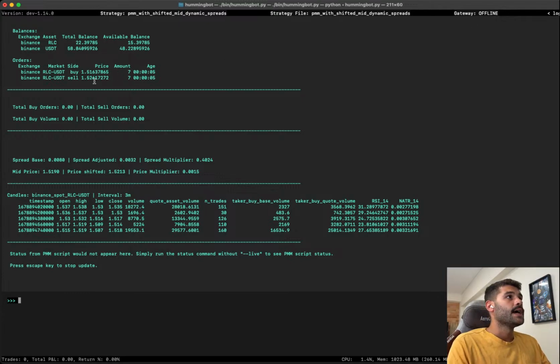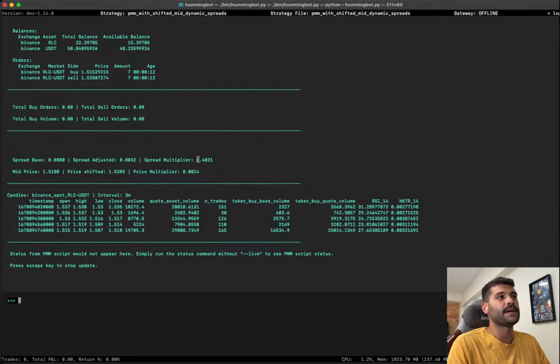So, well, as you can see here, I'm placing the two orders, 1.516, 1.526. The counters are at 0, so I didn't execute any order yet. Well, here the bot refreshed the orders. Then I have here the spread base. I have an extra space there that I don't need, but well. The spread base, as I mentioned before, is 0.008, and the spread adjusted is 0.032.